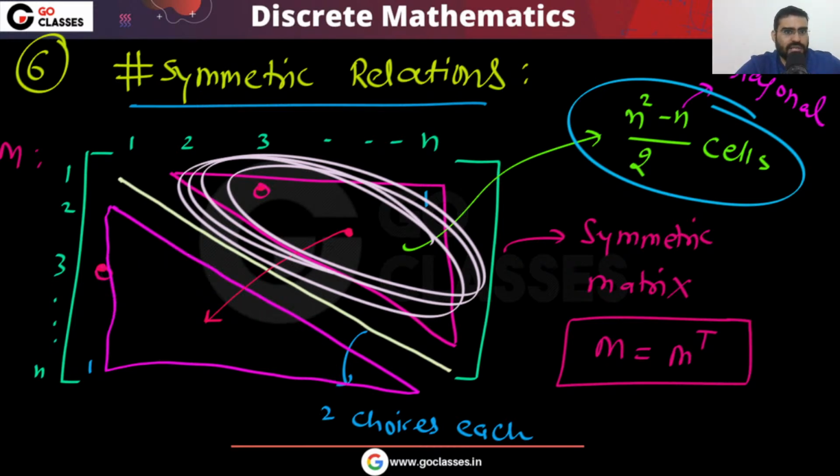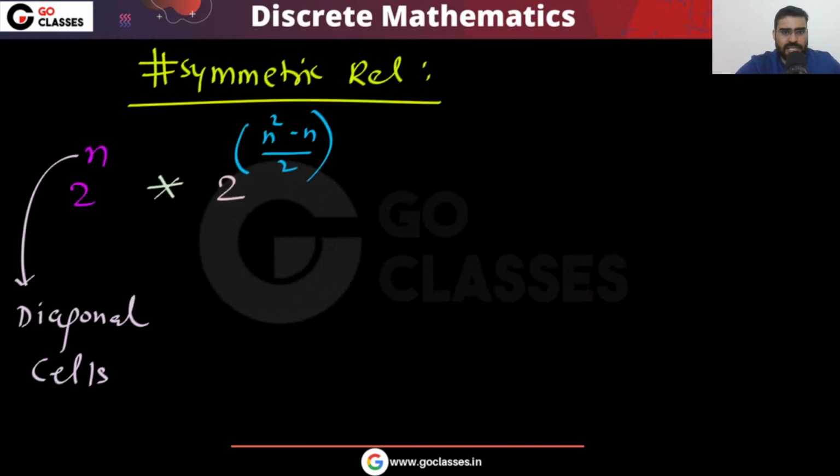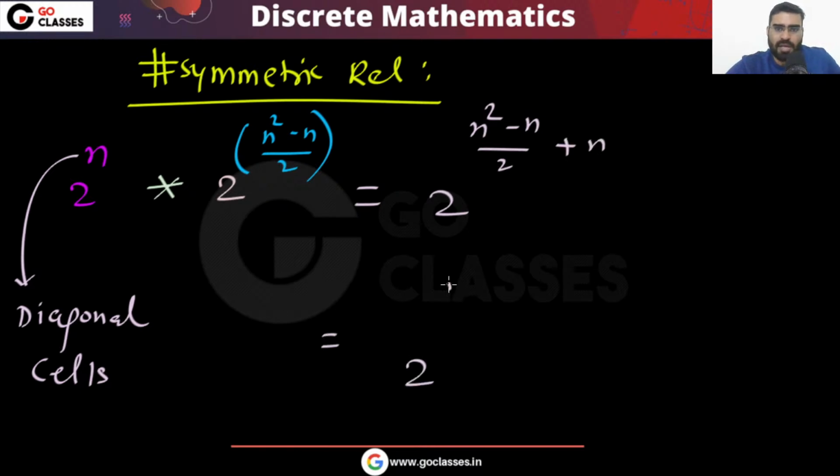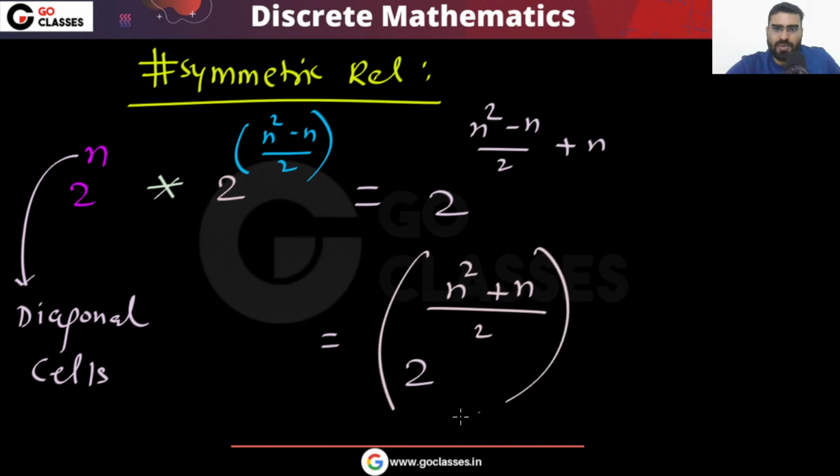There is only one choice here because it will be replicated. So your answer will be 2 power n multiplied by 2 power (n square minus n) by 2. That will be equal to 2 power (n square minus n by 2, plus n), which will be 2 power (n square plus n) by 2. So this will be your final answer.